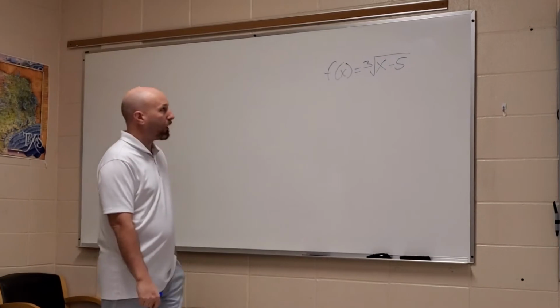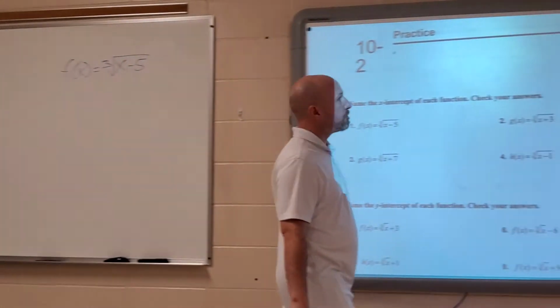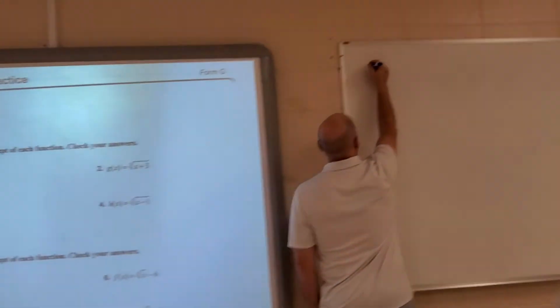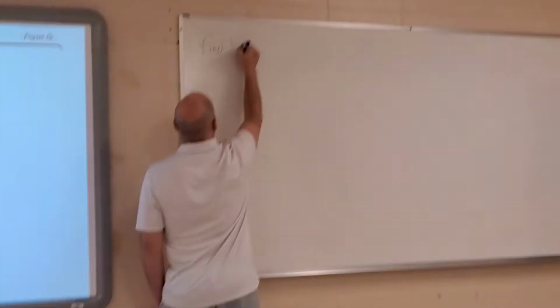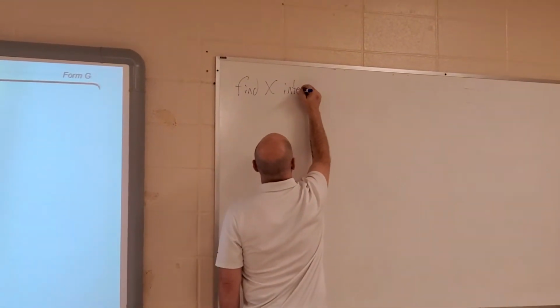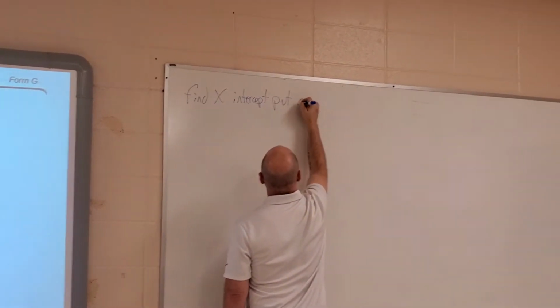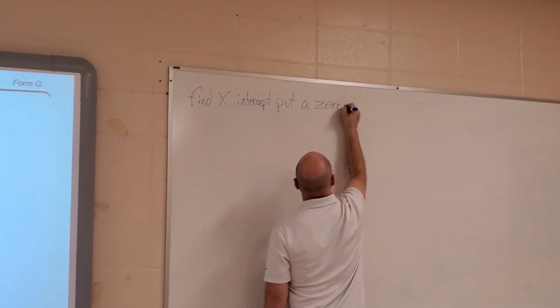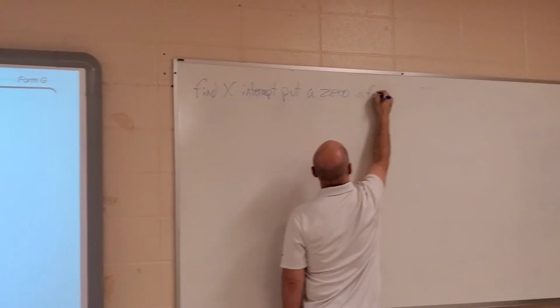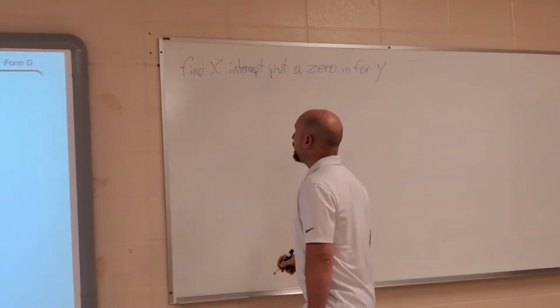If you don't remember, to find the x-intercept, you put a 0 in for y.